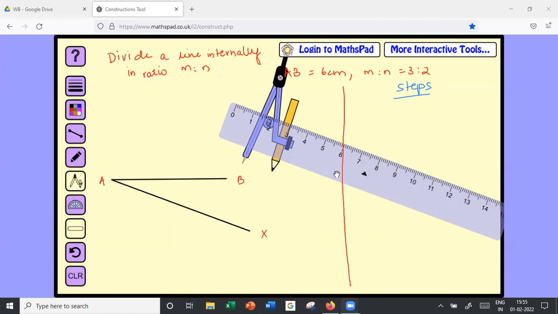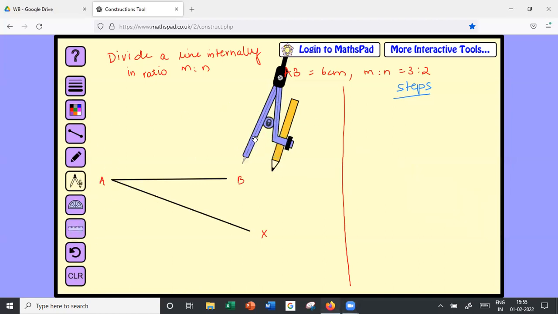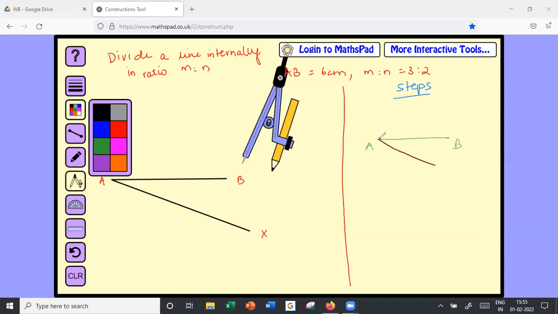Now you need to make the same angle on top here. I'll repeat what I did for the copying angle part. This is my line AB, and I am drawing a line AX like this. Whatever angle I've made here, I need to make the same angle here as well.